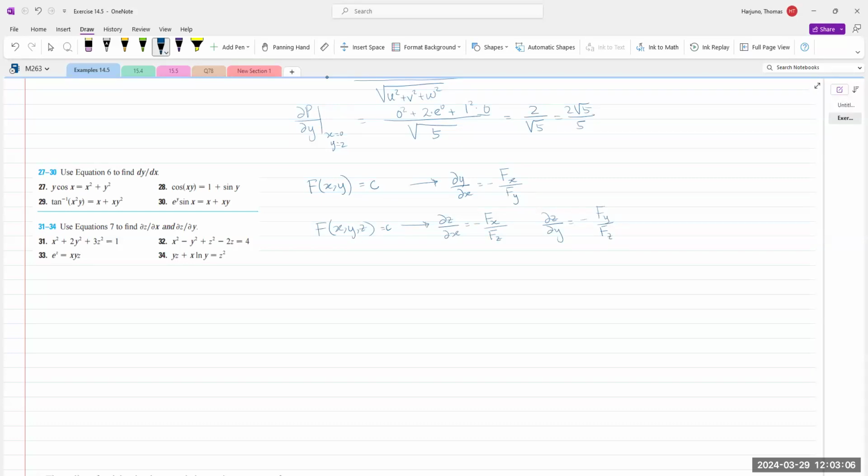When I went over section 14.3, I unintentionally thought that we already learned this, so I used this formula. But that's what actually happened. So let's see number 28, for example. We let f(x, y) equal cosine xy minus sine y, equal to 1.